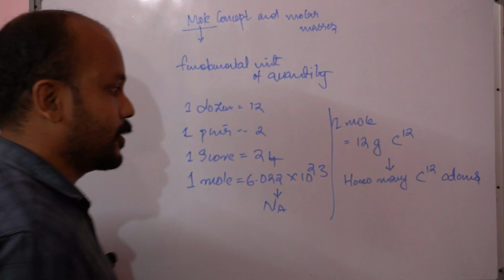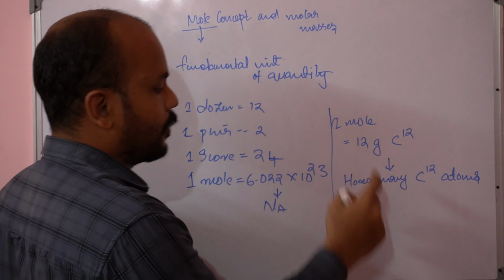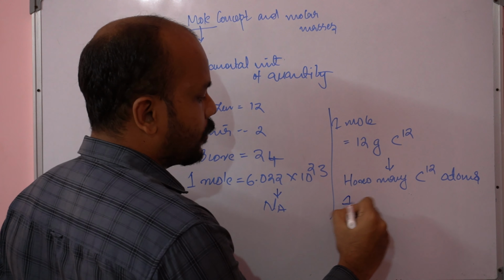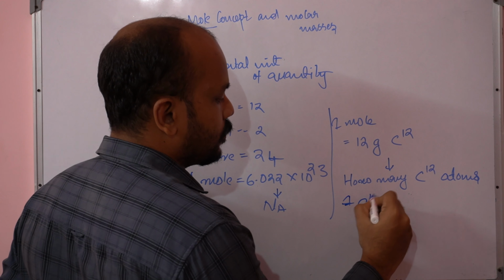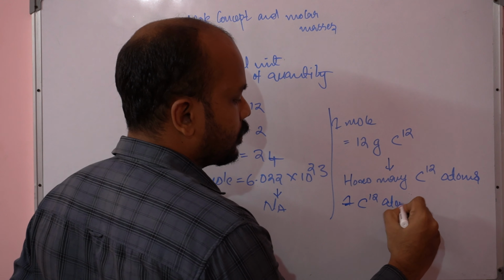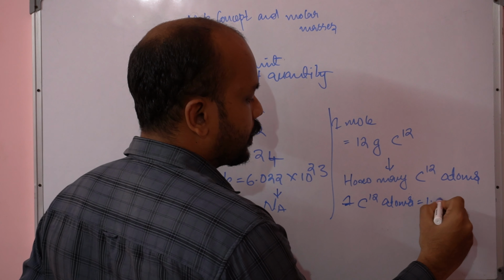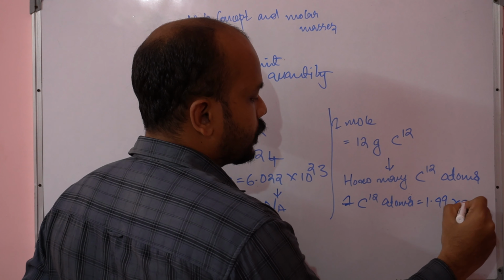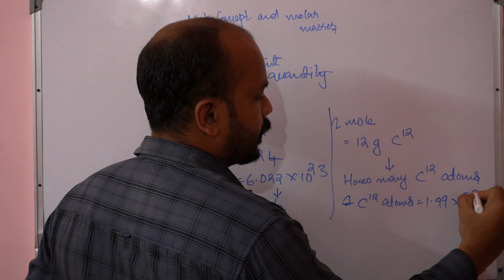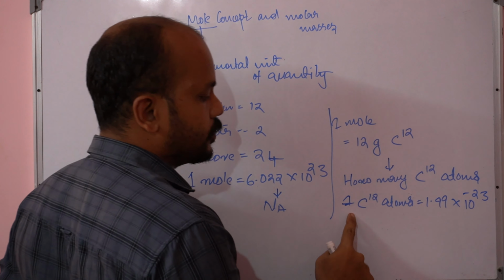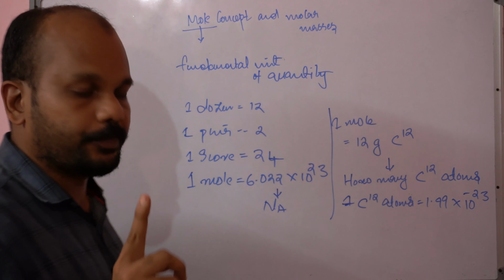Let's see how we can do it. The mass of 1 carbon 12 atom is 1.99 into 10 raised to minus 23. So this is the mass of 1 carbon 12 atom.